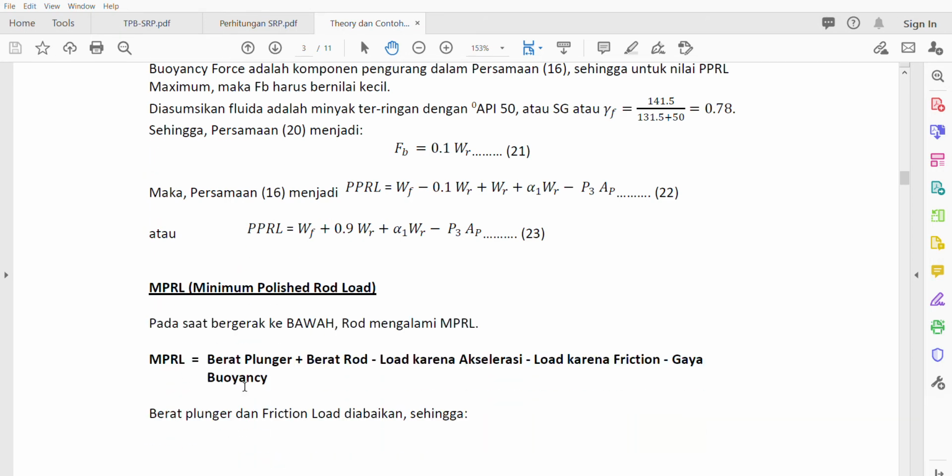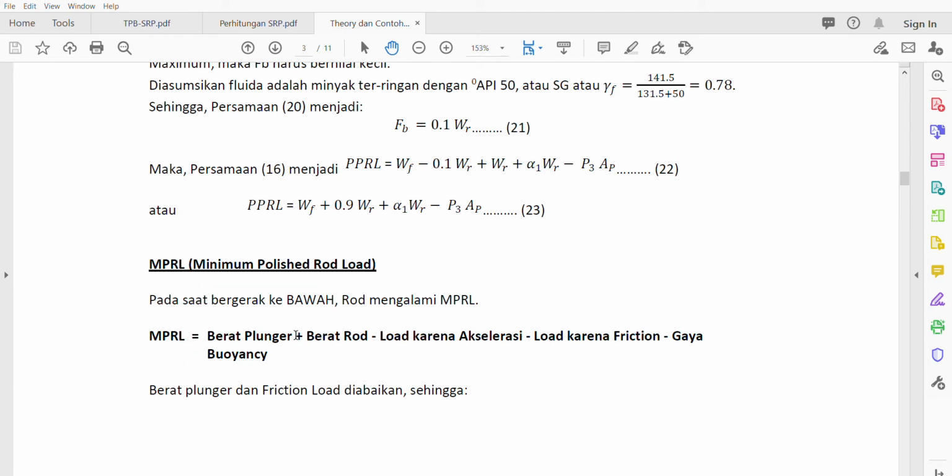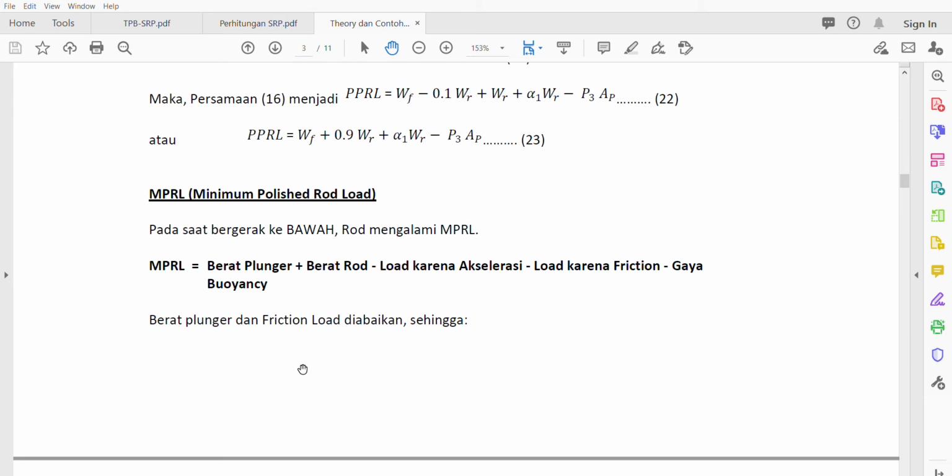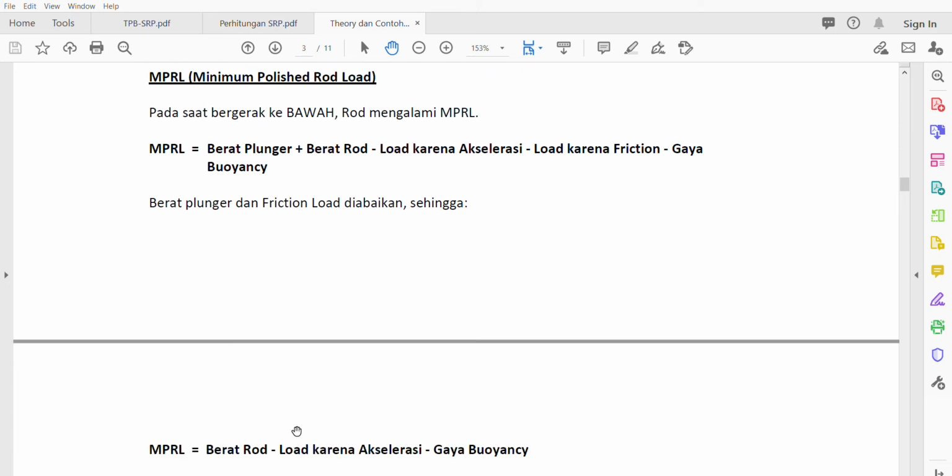Okay, MPRL is going to the bottom, which is the minimum. Load as plunger and friction is ignored. So we have a load of the rod, load of the acceleration minus the buoyancy.